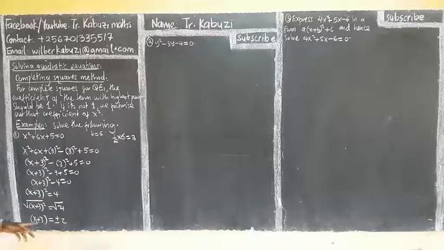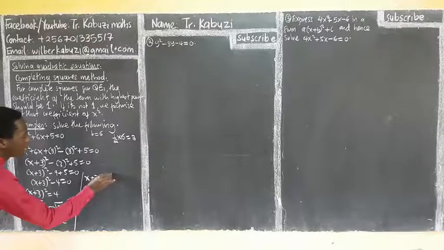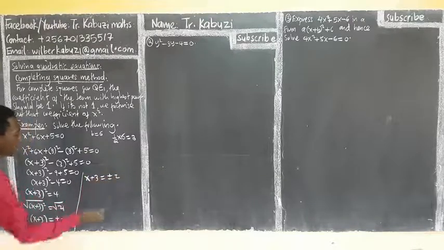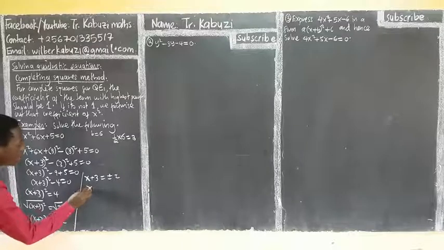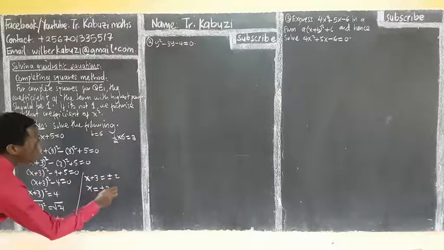So as simple as that, we have x plus 3 equal to plus or minus 2. Take the 3 to the other side, so x equals plus or minus 2, then minus 3.